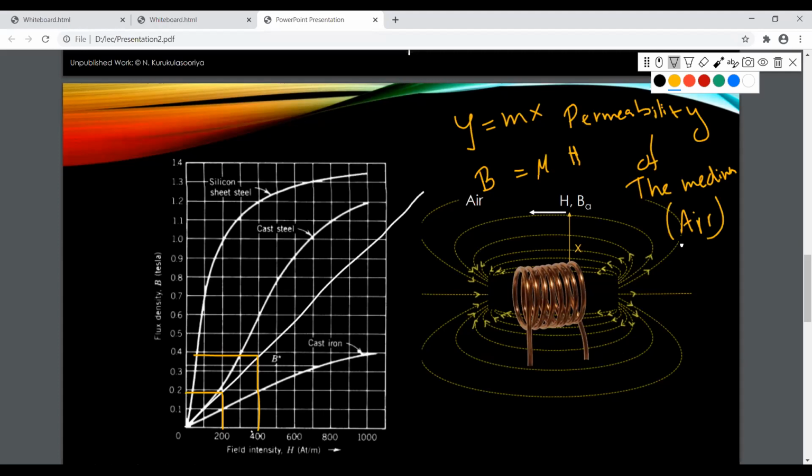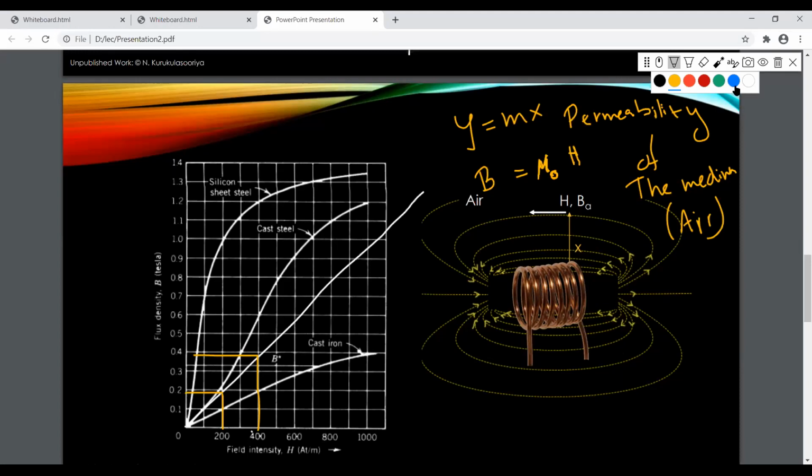As you can see, since this is a line, mu is always constant. For air, or free space, we give a special symbol for the permeability, mu naught. The permeability of free space is defined as mu naught, and it is very close to the permeability of air.